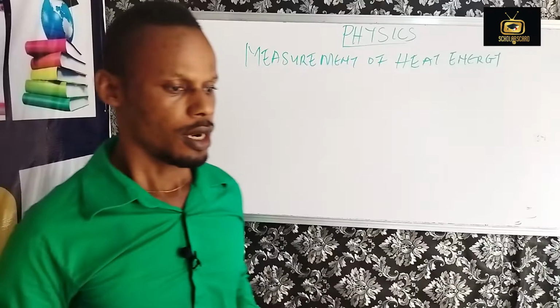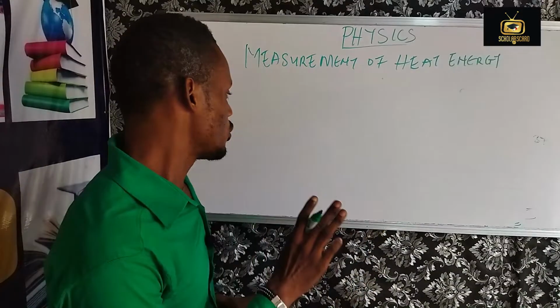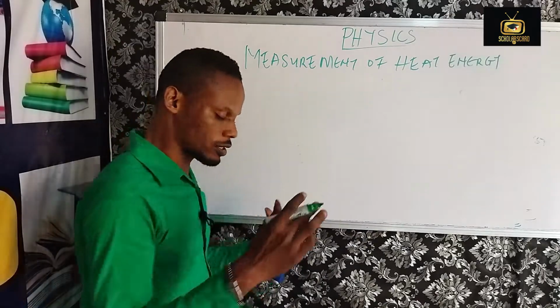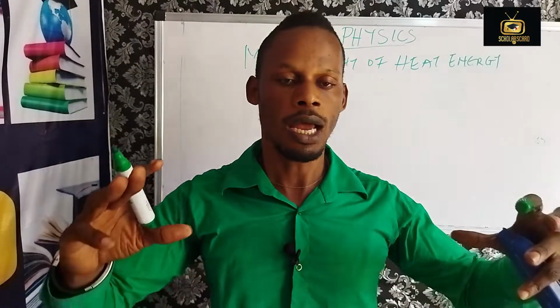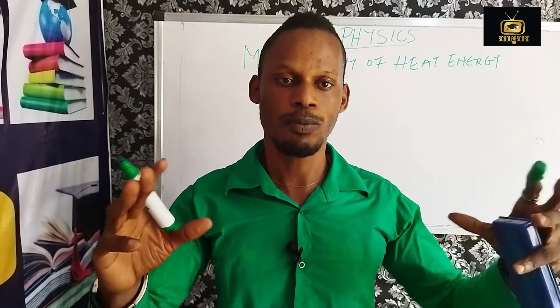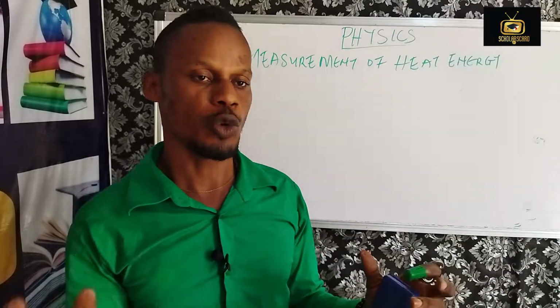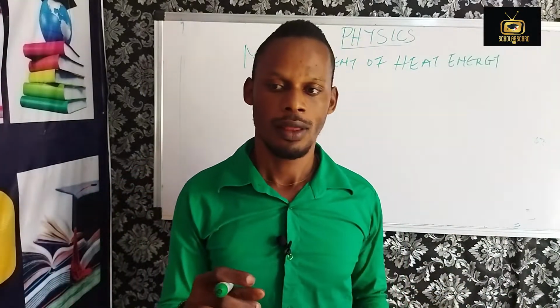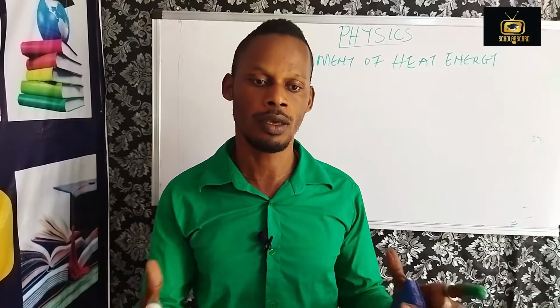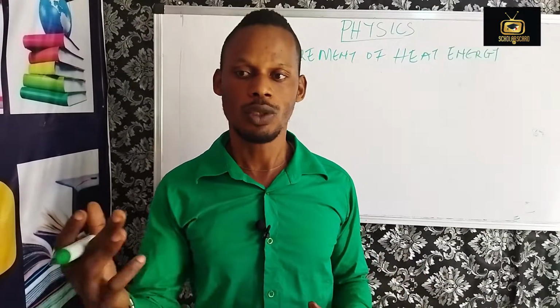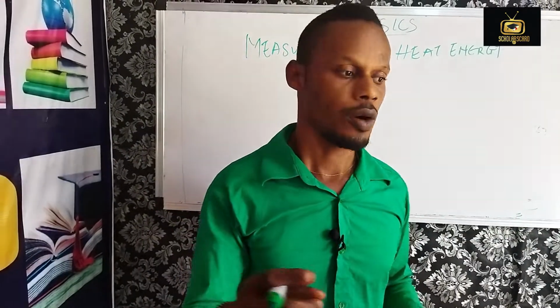Are you getting it? Now, it's very simple. You draw, for example, a bowl, an aluminum bowl, or a solid metallic bowl, and you pour water inside. Now, you decide to heat the water, to raise the temperature of the liquid. You need an electrical supply, which can be a boiling ring or any other thing.